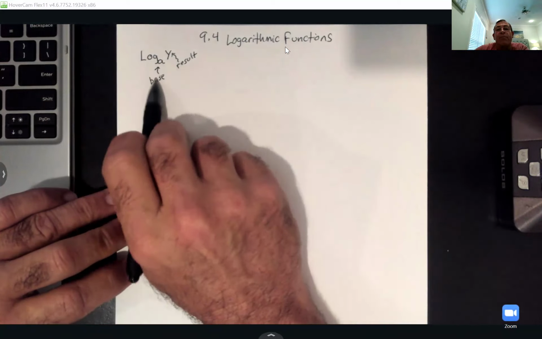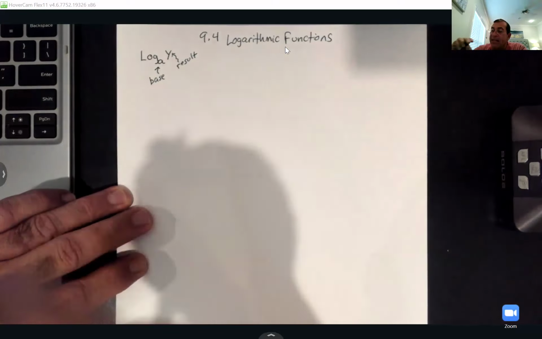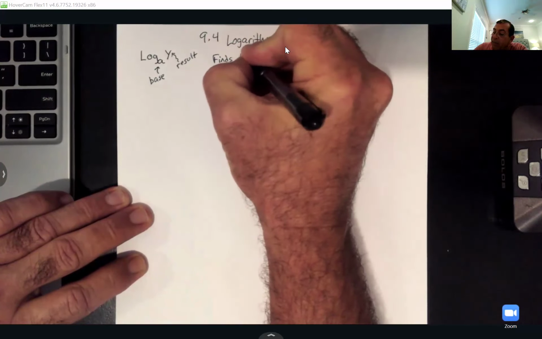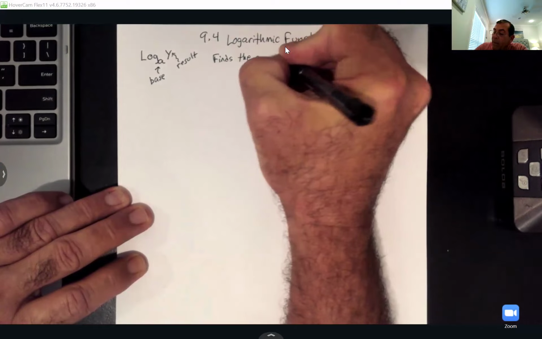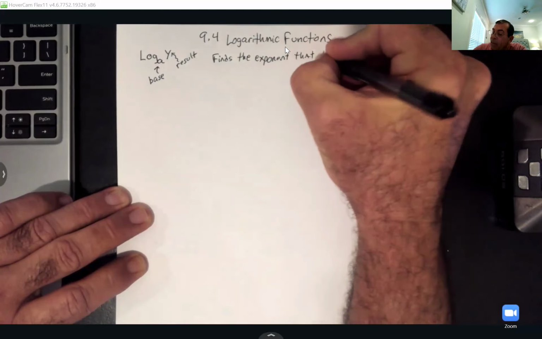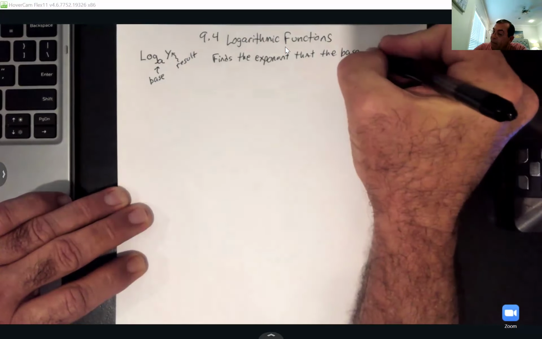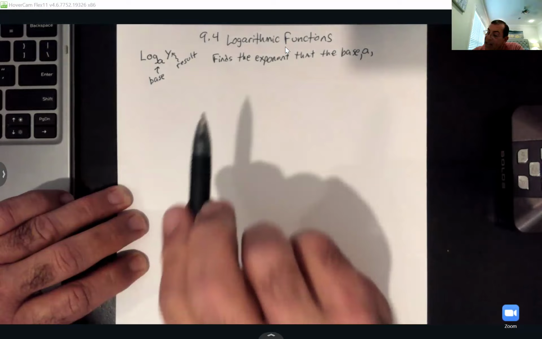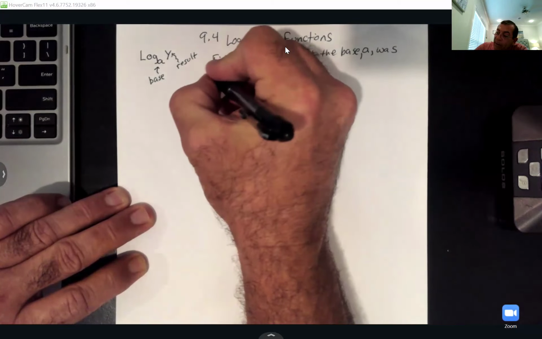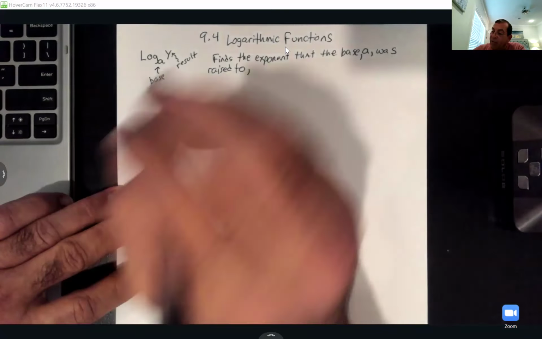So what this logarithm finds when we punch in log with a base and a result, it finds the exponent. So it finds the exponent that the base, and in my example, base will be the a, was raised to get that result.